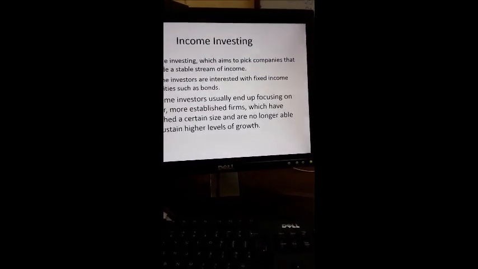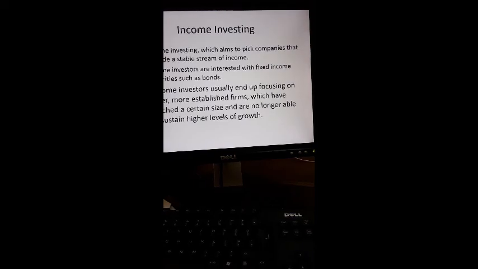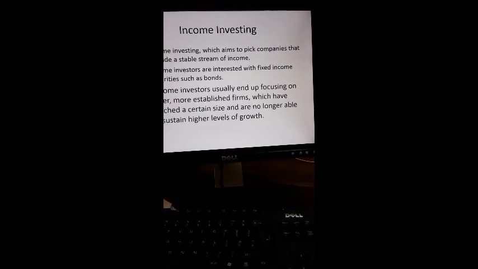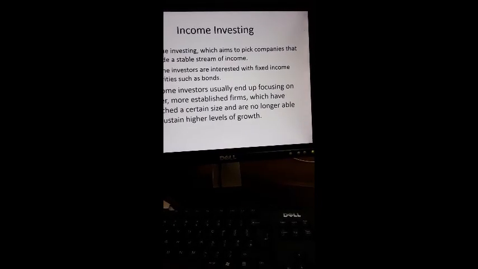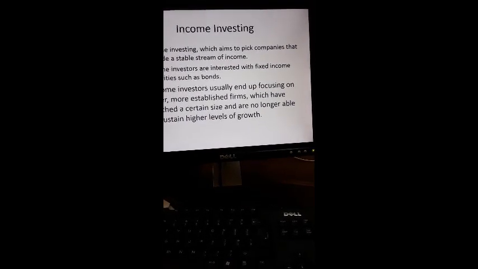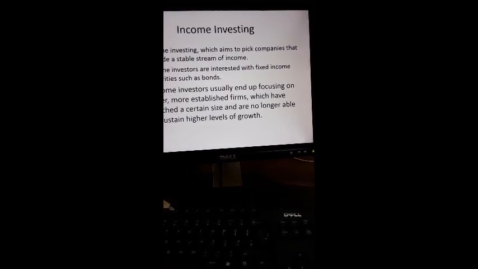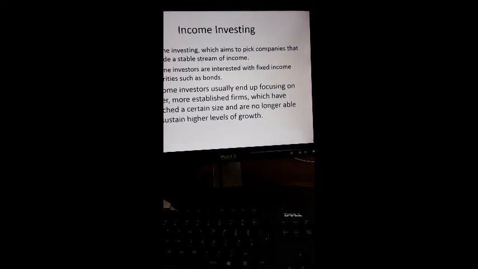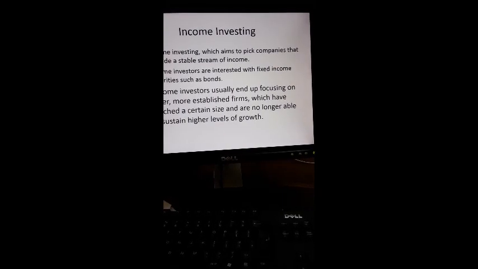Now after we've looked at growth at reasonable price investors, we have another strategy which is known as income investing. Income investing is the strategy followed by income investors. According to this strategy, they aim to pick companies that provide a stable stream of income over years.